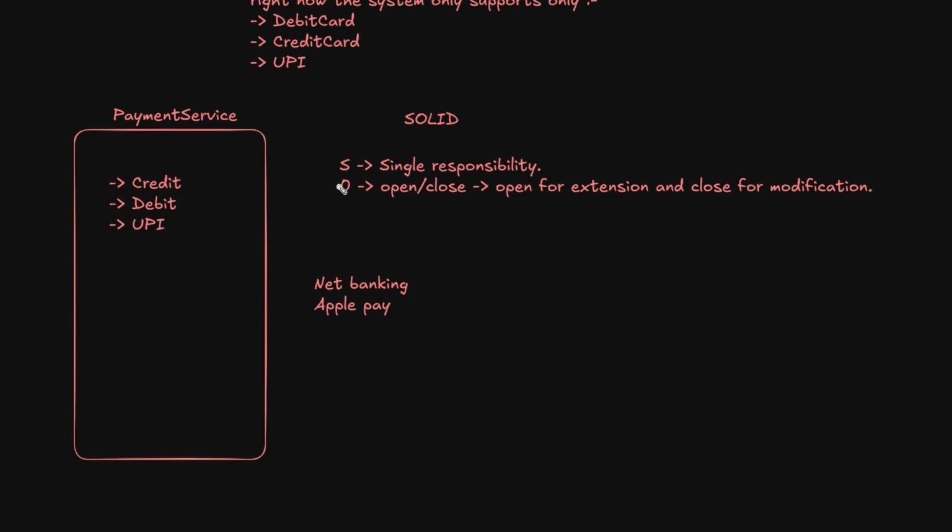So coming to the open close relationship, what's the issue with this? If you open your class for modification, there might be a scenario where you're introducing new bugs to your already existing, completely fine functionality. What I mean is that you might have tested things out for credit, debit, and UPI thoroughly. Each of these functionalities is working absolutely fine.